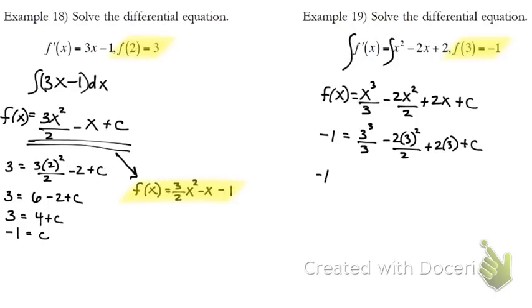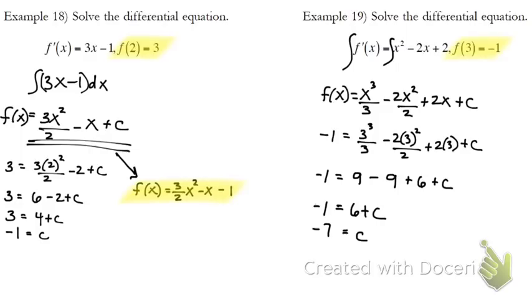If I simplify this, I get negative 1 equals 3 cubed is 27, 27 divided by 3 is 9. 3 squared is 9, 9 times 2 is 18, 18 divided by 2 is 9. And 2 times 3 is 6. If I combine some like terms, I get that negative 1 is equal to 6 plus c. And if I subtract that 6 over to the left-hand side, I get c is equal to negative 7.